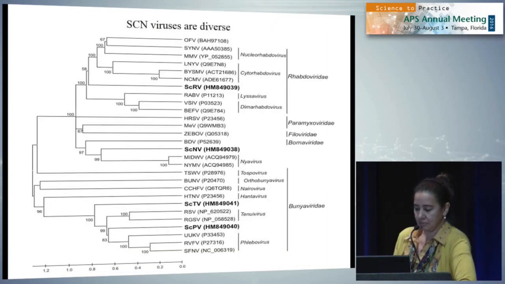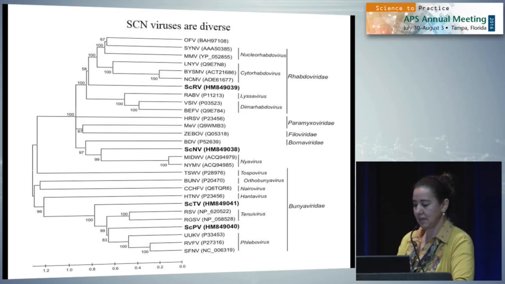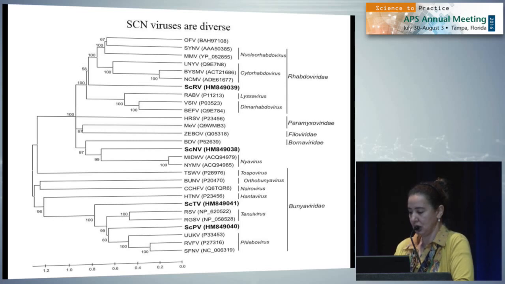This tree is a taxonomic organization of the nematode viruses. As you can see, the 4 first RNA minus viruses belong to different genuses. One of them belongs to the Rhabdoviridae family, the SCRV nematode.